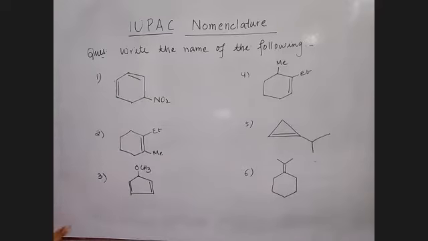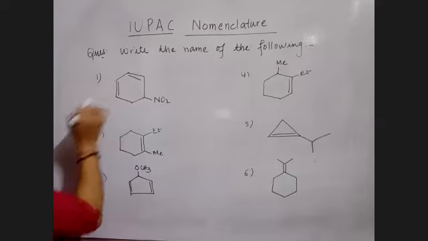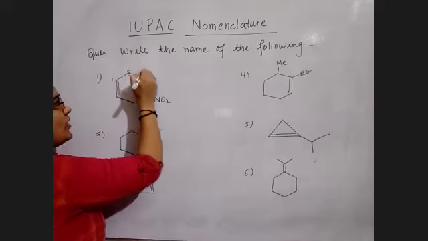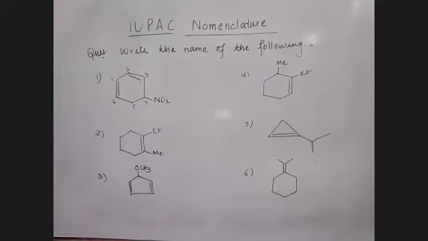Now, one important thing, double bond position should be continuous. Double bond should get 1, 2, 2, 3 position. You cannot number this like this 1, 2, 3. This numbering is absolutely incorrect. Why is this incorrect?